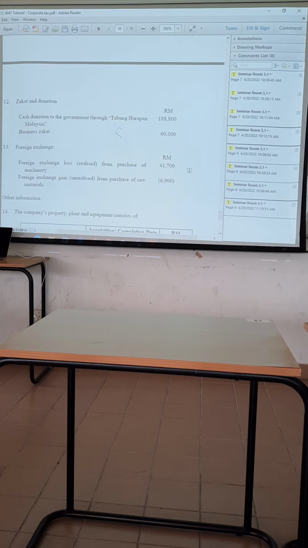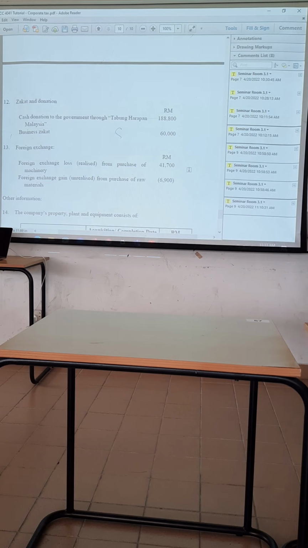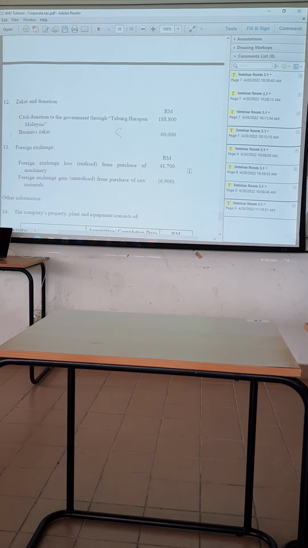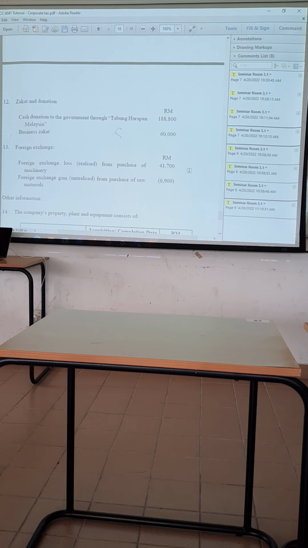Once more, let me write here. When you see forex, check unrealized or realized. If it says unrealized, not allowed. You can have a loss on forex or a gain on forex. A loss is an expenditure, so when not allowed, you add back.